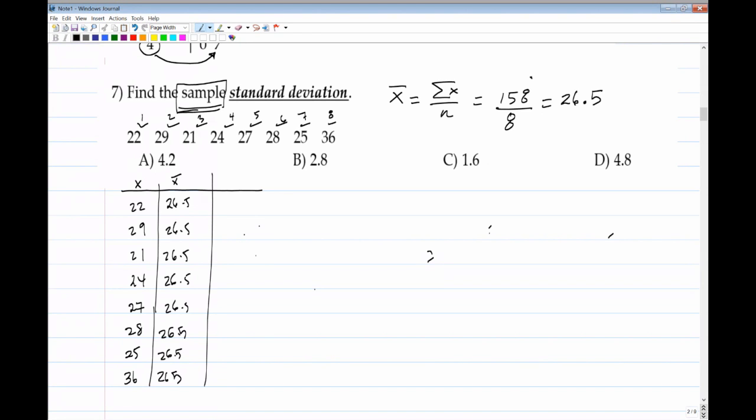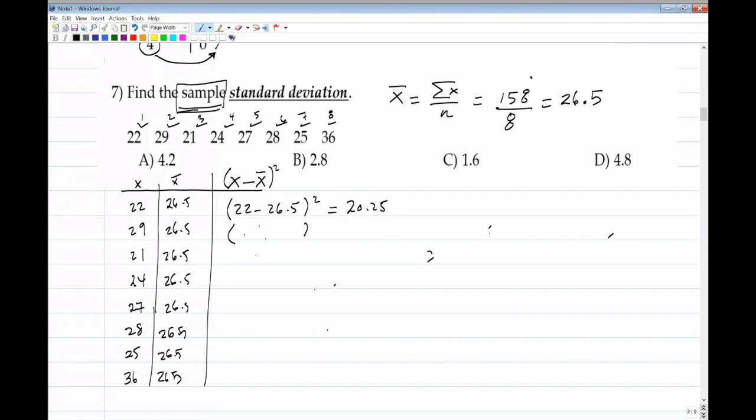Now when we go to the next column, we take the value, subtract the mean, and then square it, all the way down the table. So it's going to be 22 minus 26.5, and then we square. The answer will be 20.25.